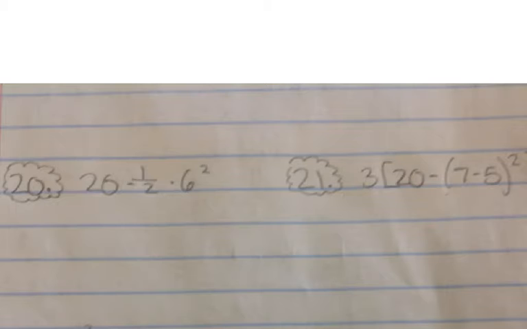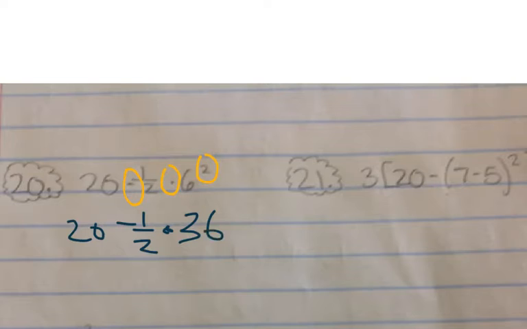So if we look at this problem 20 here, let's look at the operations. Notice I have a minus there, I have a times there, and I have a power there. So if you follow PEMDAS, parentheses, nothing there, powers or exponents, yes, I'm going to do the exponent first. So I'm going to have 20 minus 1/2, see I don't do the minus yet, times 36. 6 squared is 36.